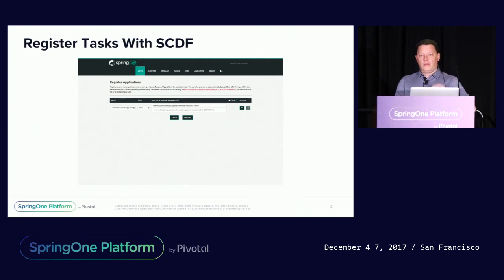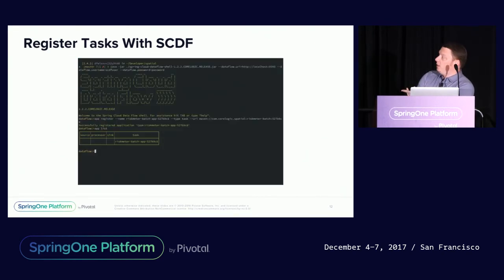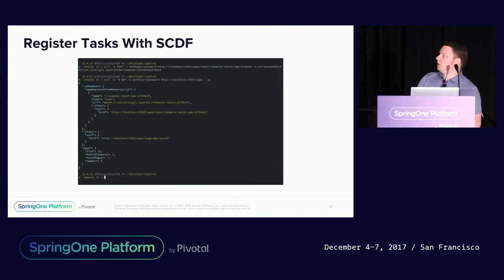You can use four different ways to do that registration. There's the GUI as shown here, probably not relevant for production automated deployments. You have a shell that you can start up, connect to, and then run commands against your Dataflow server, such as app register and task definition, etc. You have a REST API, which here's a curl against that REST API.